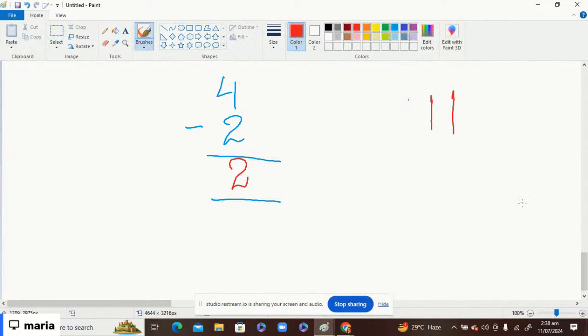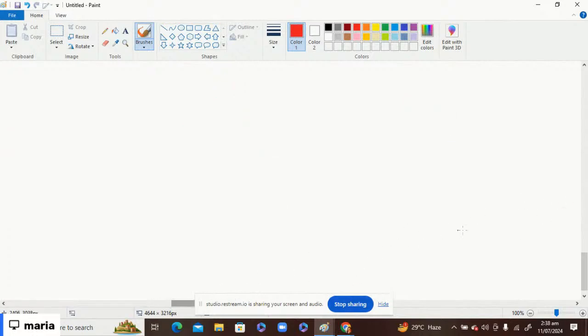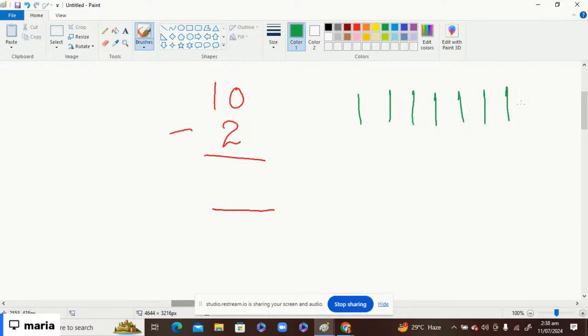Okay. So in this way we're going to solve it. Let's do it one by one. For example, if I write it here, 10 minus 2. So how can we solve 10 minus 2? Draw 10 lines: 1, 2, 3, 4, 5, 6, 7, 8, 9, and 10.